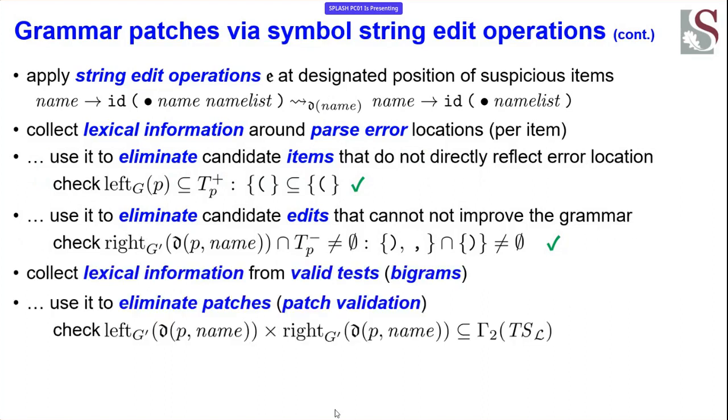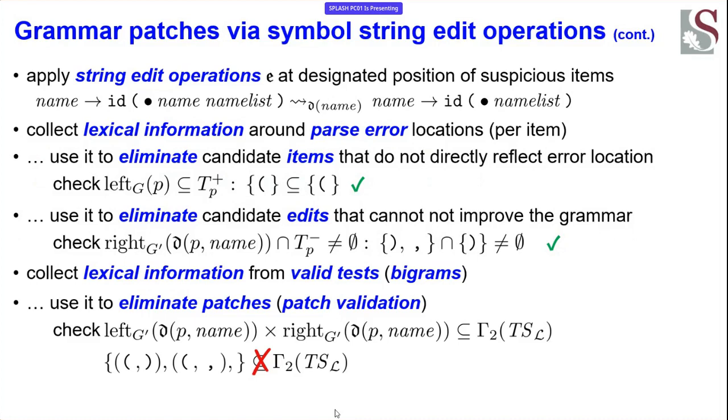Now the patch validation on the pairs actually doesn't work because one of the legal pairs that can be derived using the patch grammar contains the token sequence open bracket comma, which is not observed in our specification.